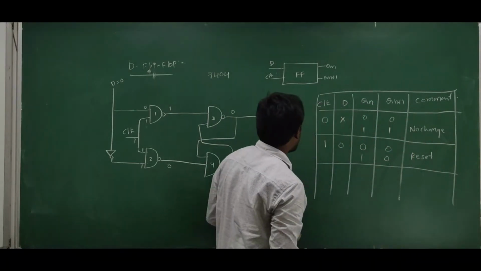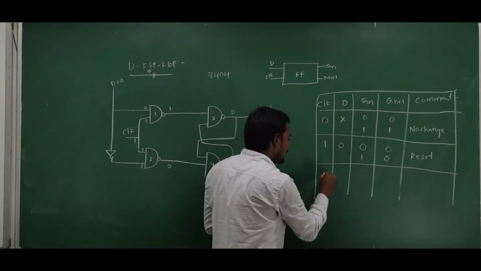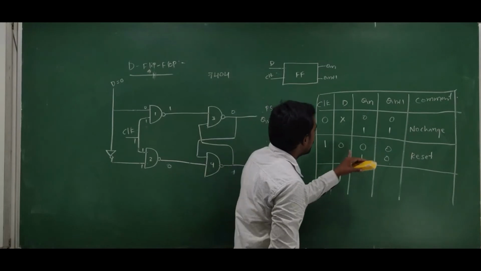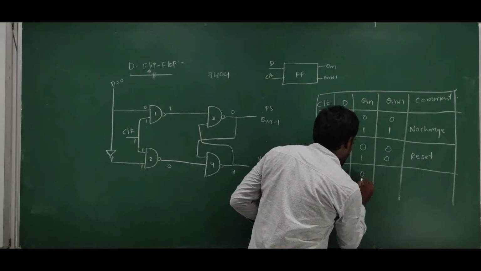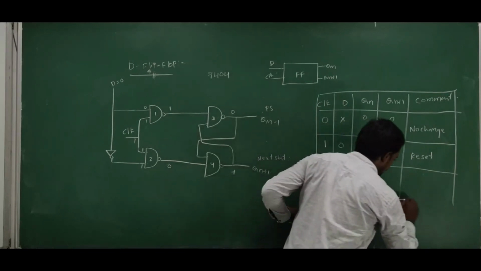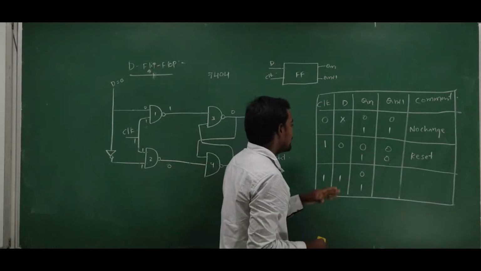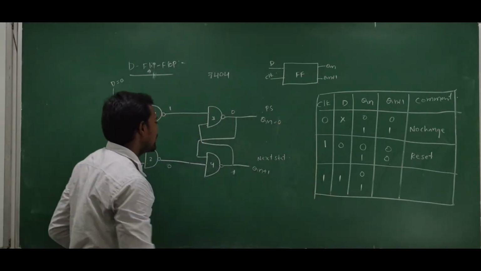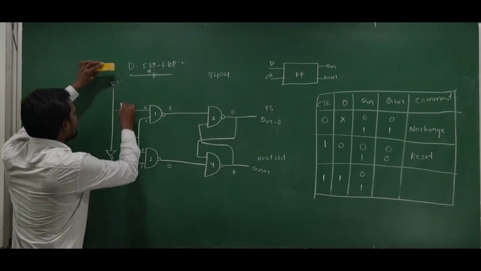Reset condition. And coming to the next condition, the clock signal is equal to 1 and D input is equal to 1. Then we will get the two combinations like Qn is equal to 0 or 1. Okay, and I am taking Qn is equal to 0 here, and the D input is equal to 1 here.